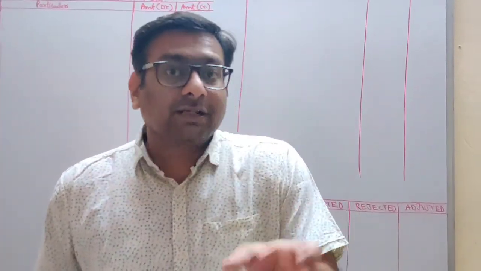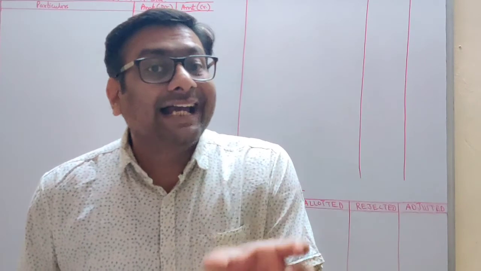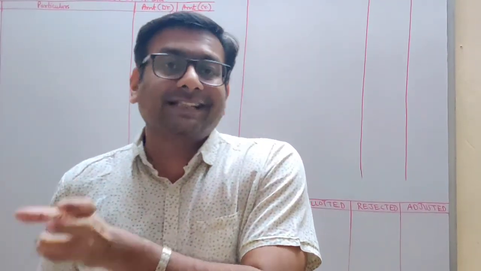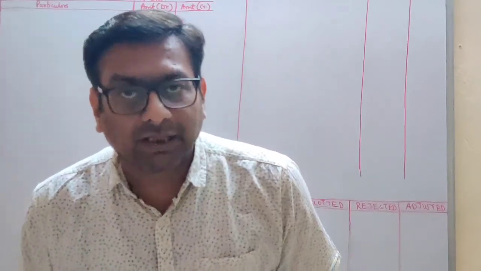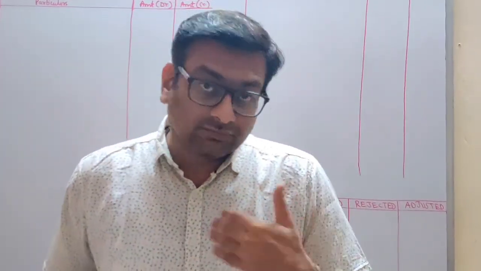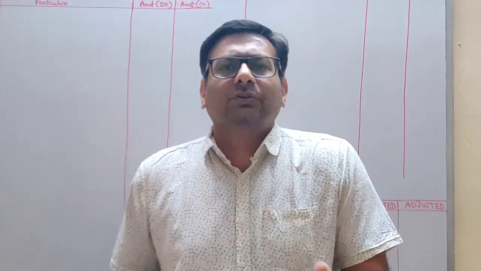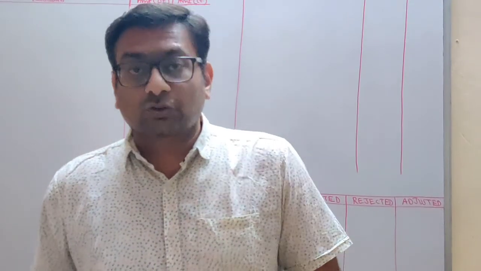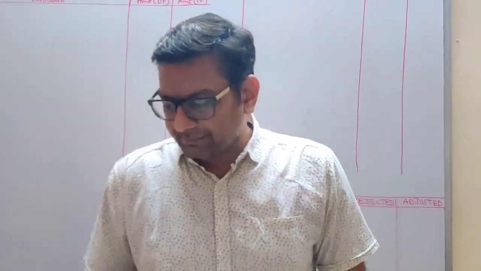When you are adjusting in pro rata, whatever is the excess application money, you are going to adjust against the next installment, that is allotment money. Even if this statement is not written, you have to do this. Sometimes in the question they might not write this.